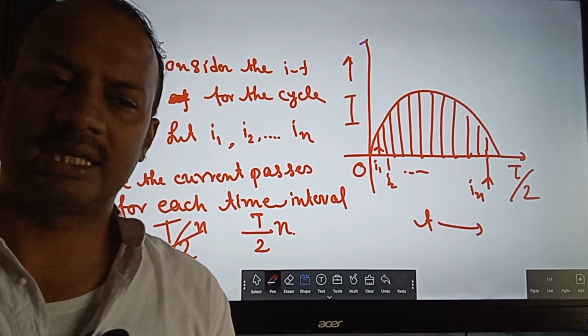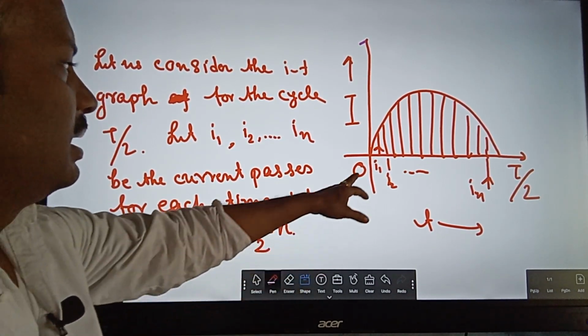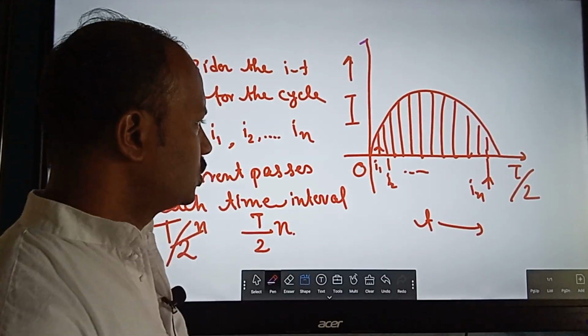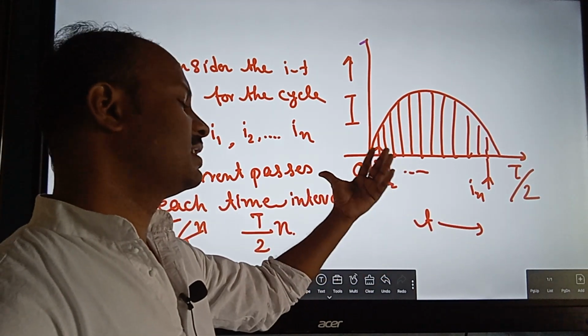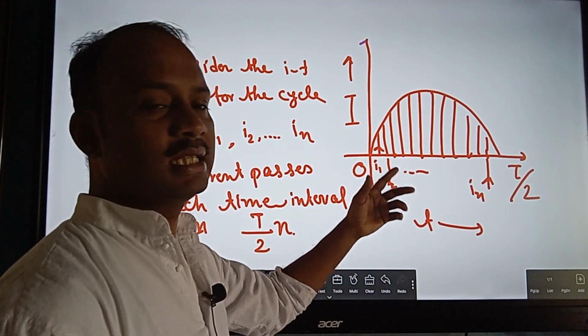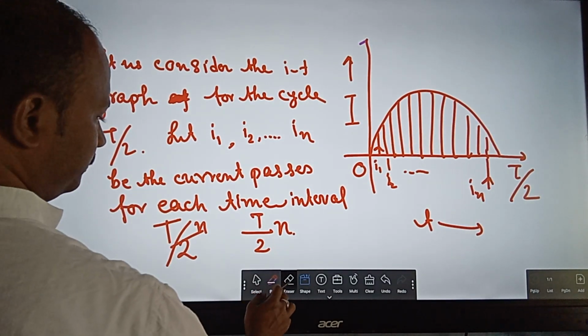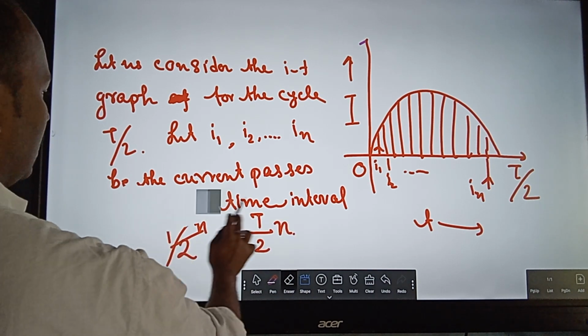Now take the charge. Let Q1 be the charge that flows for the first time interval, where I1 is the current. So for this first interval, we assume the charge passing through is Q1.